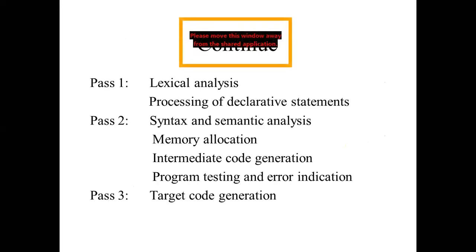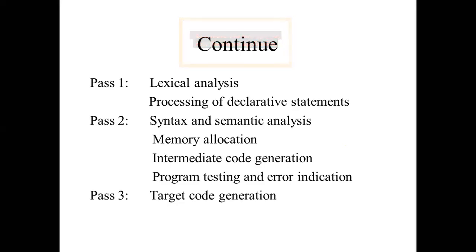So in pass 1, the compiler is managing lexical analysis and processing of declarative statements, because you are putting all the identifier variables anywhere in the program, and then the compiler will scan the complete program and manage the work like this.